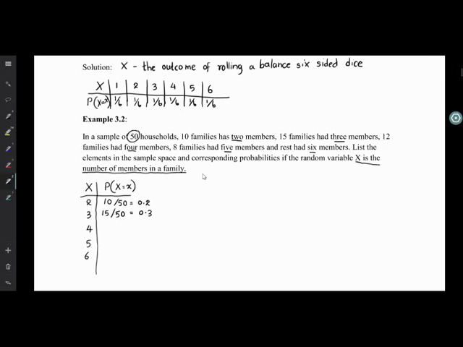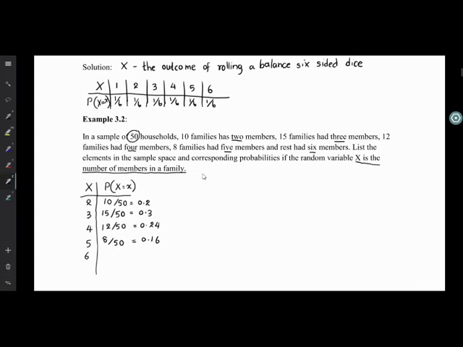And there are 12 having 4 members, which is 0.24. And then there are 8 families having 5 members, which is 0.16, and the rest of the families had 6 members.